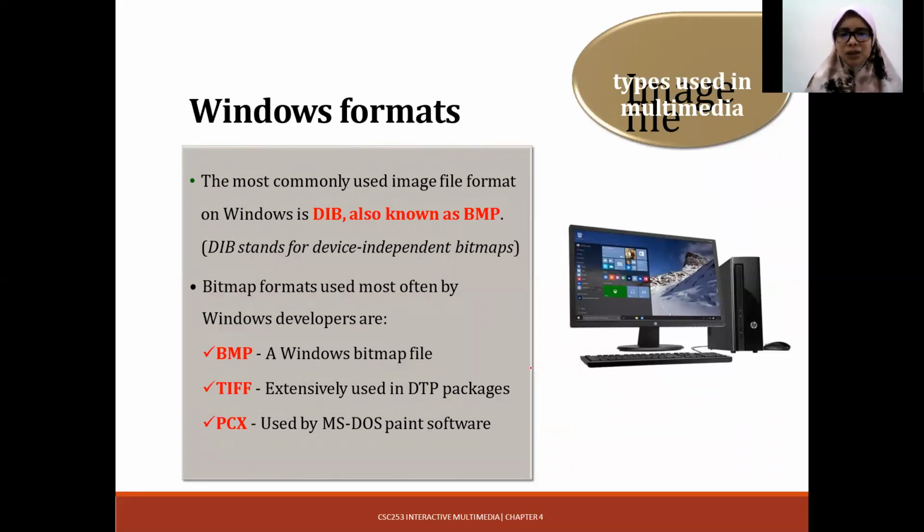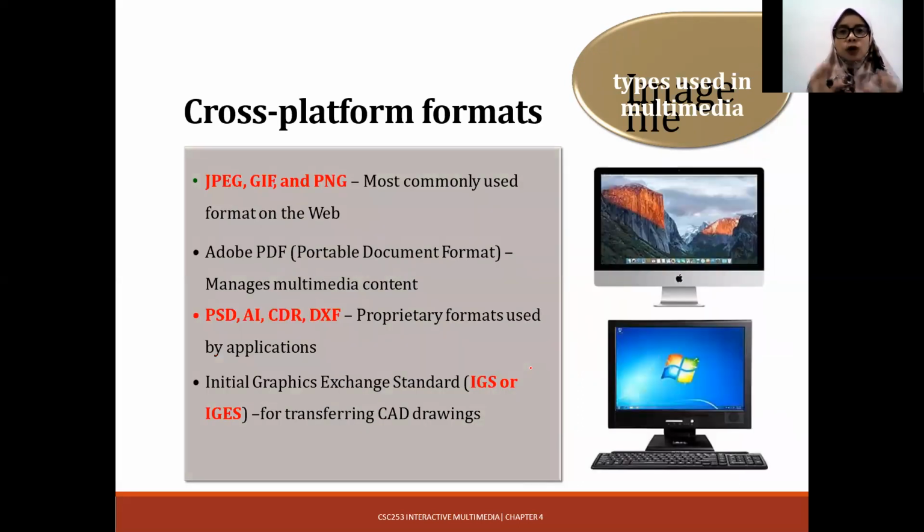The ones we usually see are BMP and CIFF. In clip art galleries, if you have looked at them, BMP or CIFF are used. Very common to us are the cross-platform formats: JPEG, GIF, PNG, and PDF.